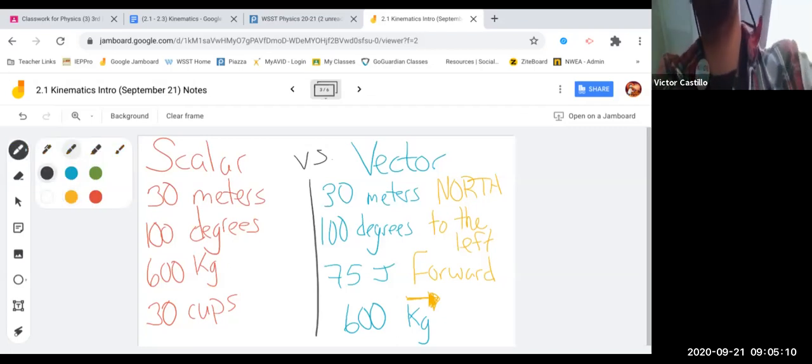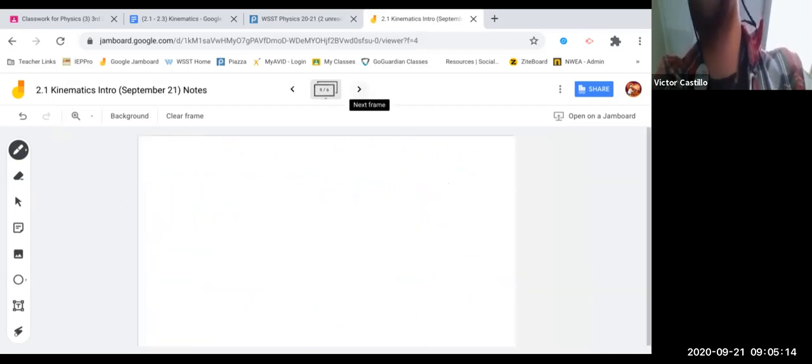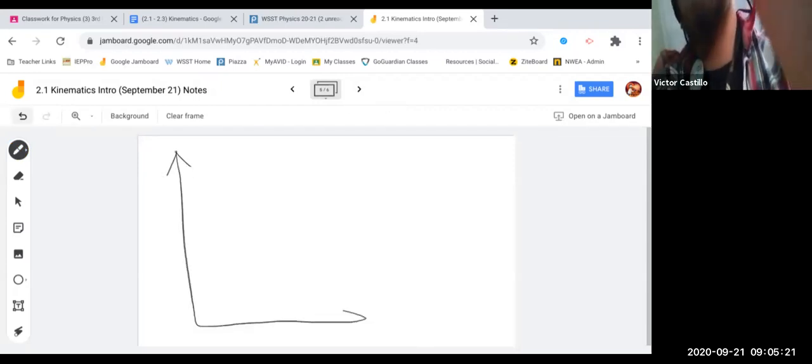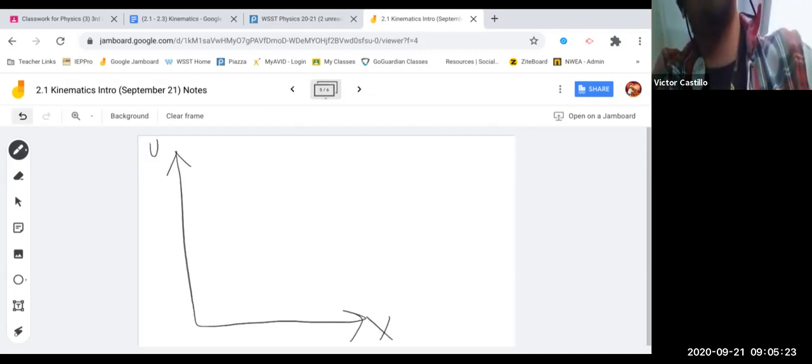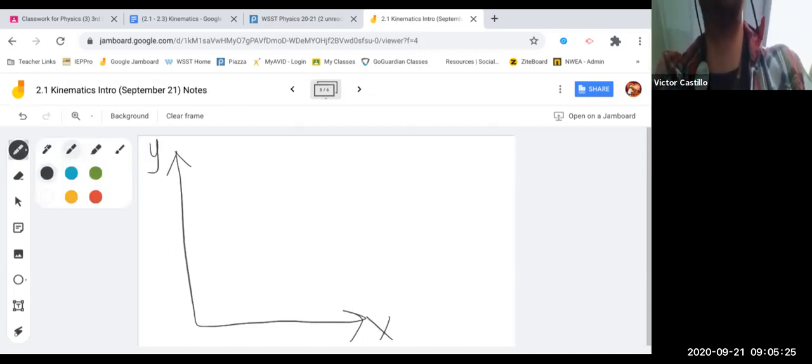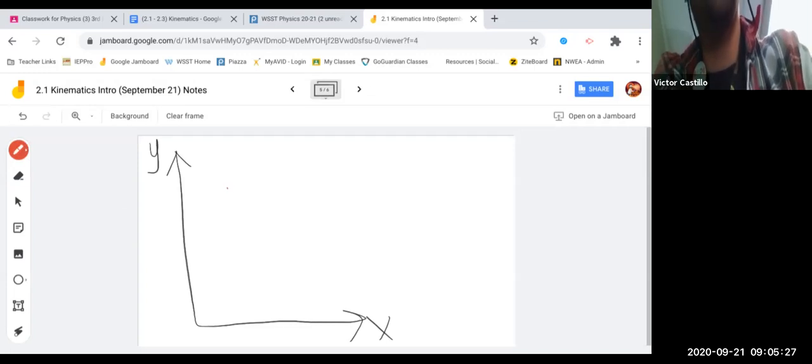Let's go into the last part real quick. The last part is on a graph. Since we'll be using a graph a lot, on the graph, a scalar is basically, like I said, just one dimensional. So basically, it's just a dot.